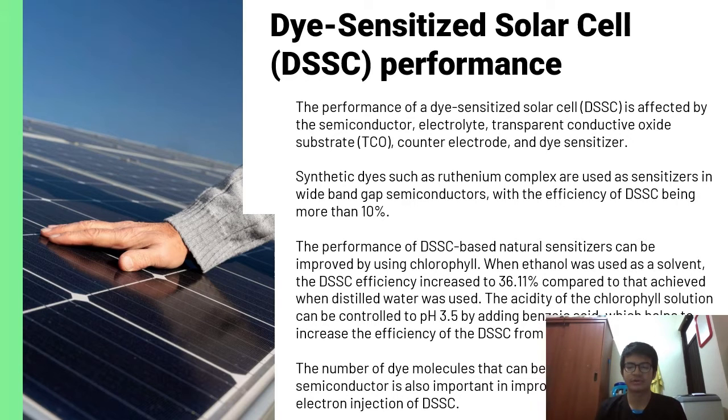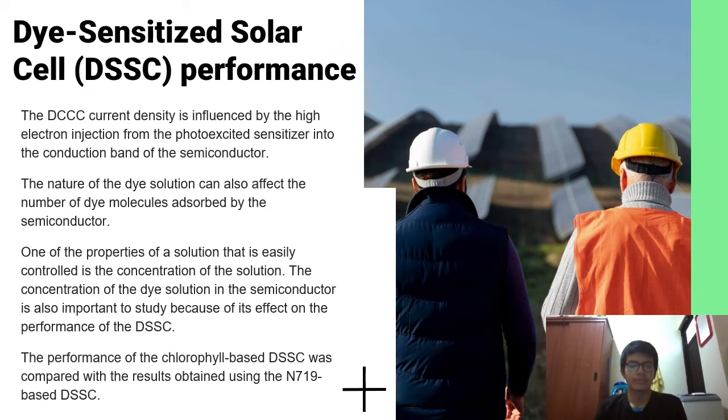The acidity of the chlorophyll solution can be controlled to pH 3.5 by adding benzoic acid, which helped increase the efficiency of DSSCs from 0.07% to 0.28%. The performance of the chlorophyll-based DSSC was compared with the result obtained using the N719-based DSSC. The chlorophyll-based DSSC performed better than the N719-based DSSC.